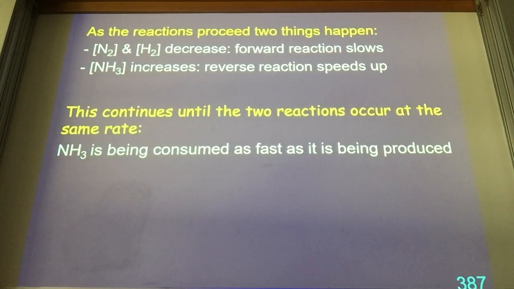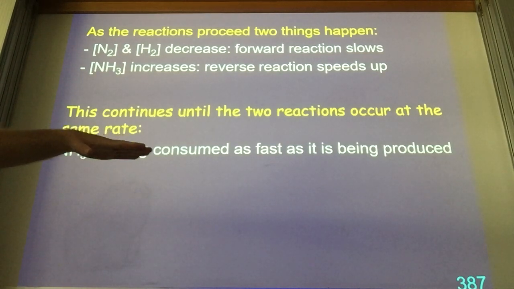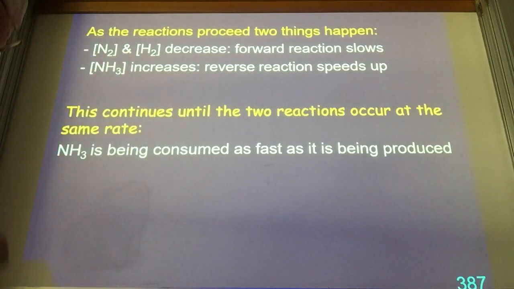And that's going to continue until the point of equilibrium occurs, when the rate of the forward reaction is exactly the same as the rate of the reverse reaction. The reactions cancel each other out exactly.